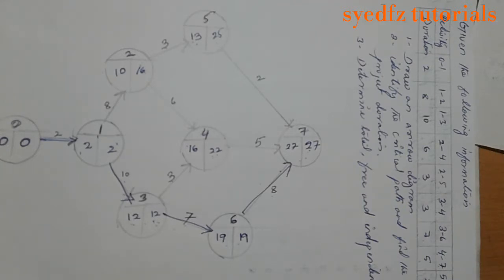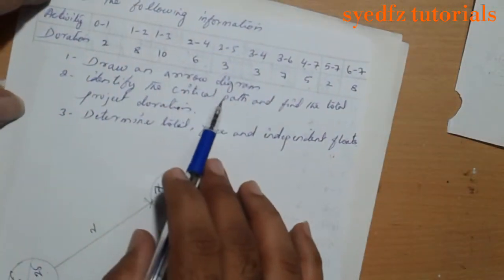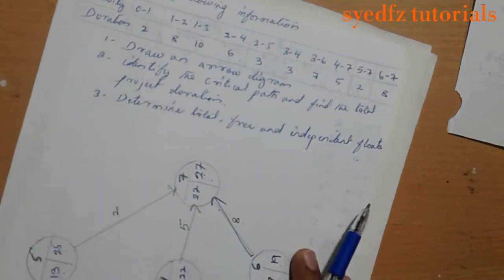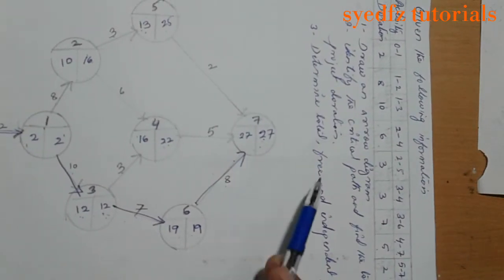Okay, it is known as an arrow diagram. Now identify the critical path and find the total project duration. So we find the total project duration is 27 days.